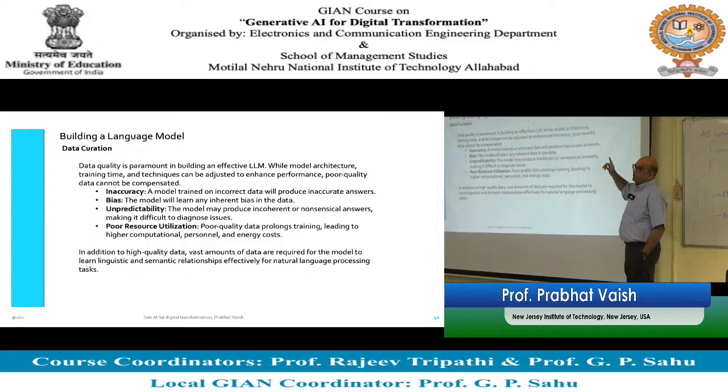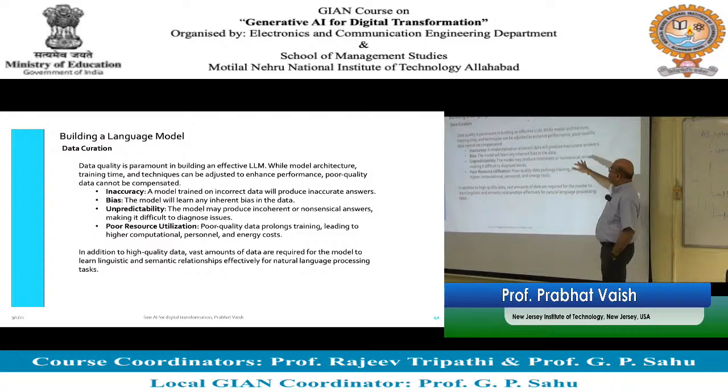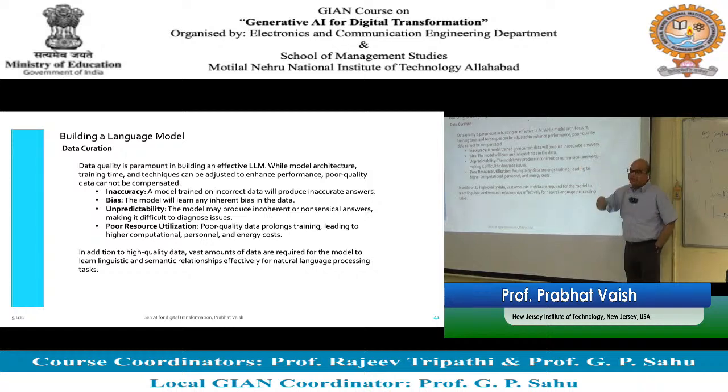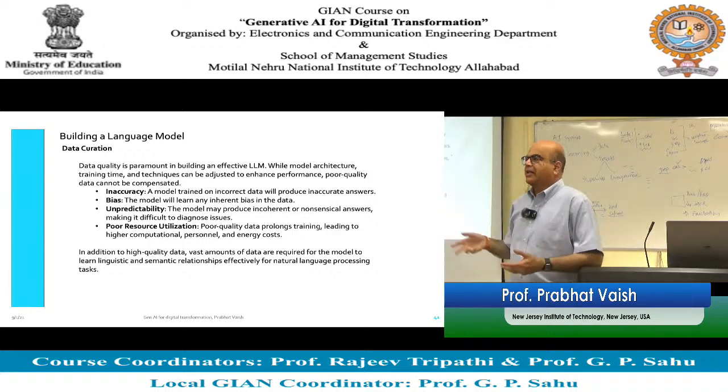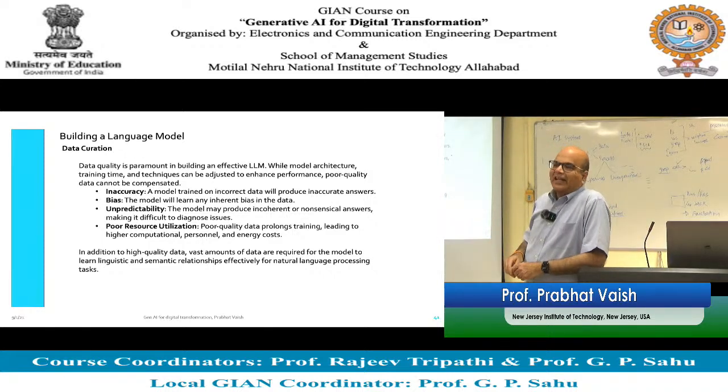You're not doing supervised learning here. Neural network starts with unsupervised learning, but you do not want your model to produce incoherent or nonsensical answers, because it's not easily known, if your model is producing an incoherent answer, where the mistake is.